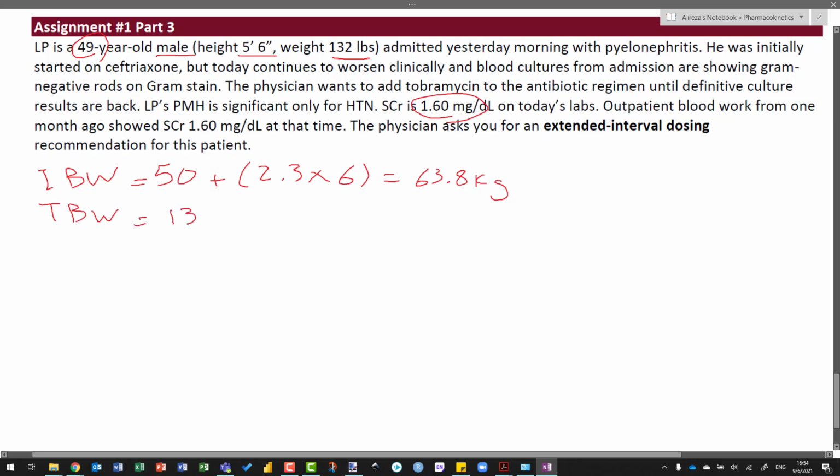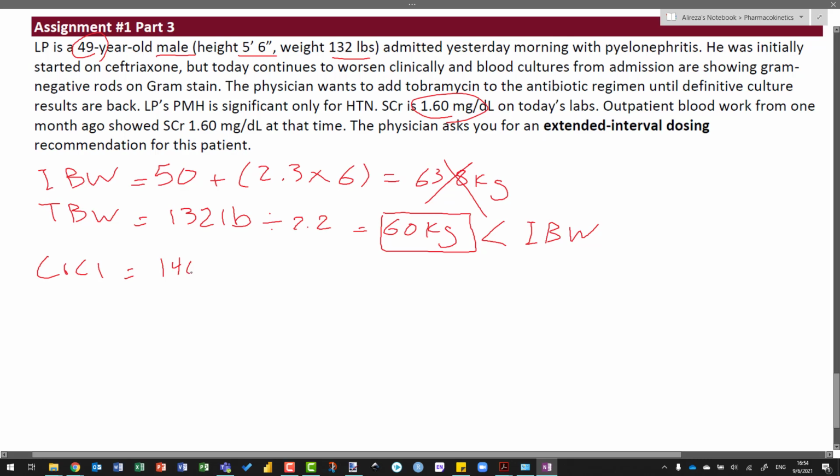And the total body weight is 132 pounds, which we divide by 2.2, giving us 60 kilograms. This is pretty close to the ideal body weight, and in fact total body weight is less than ideal body weight. So in this case you should be using total body weight, so ignore the ideal body weight.